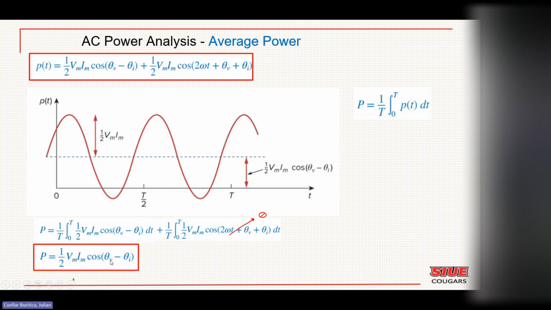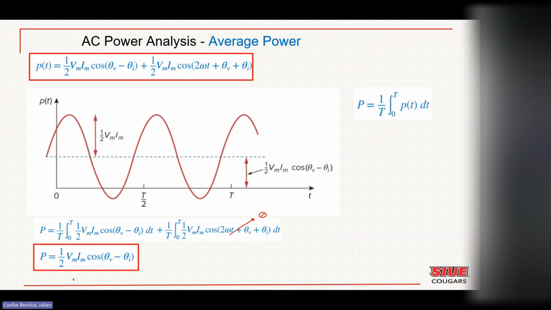First, the angle of the voltage minus the angle of the current. And you can see that the average power is expressed here as this shift of the signal up. 1/2 of Vm Im cosine of theta v minus theta i, that's the value of the average power.